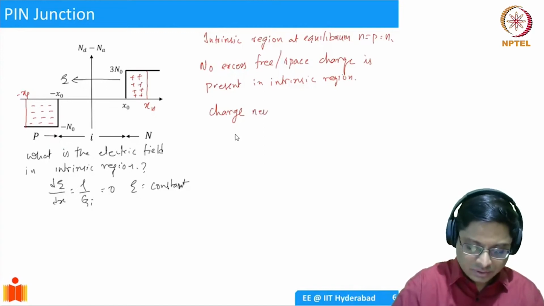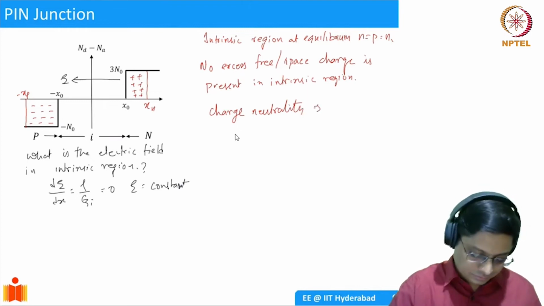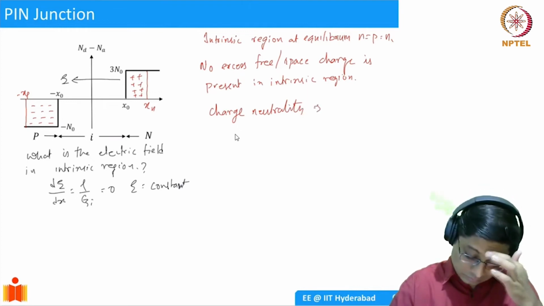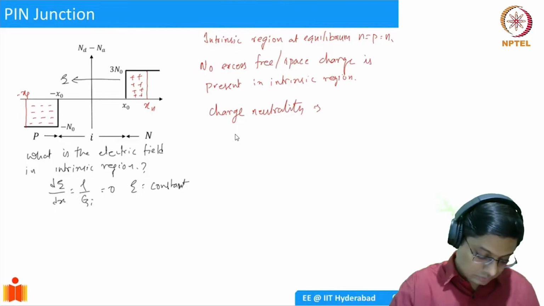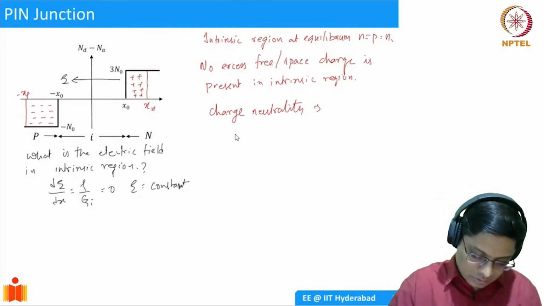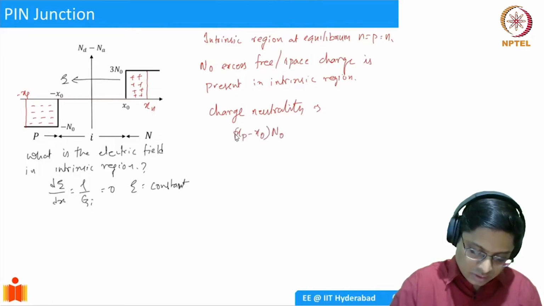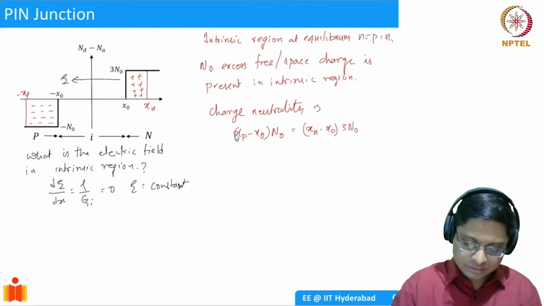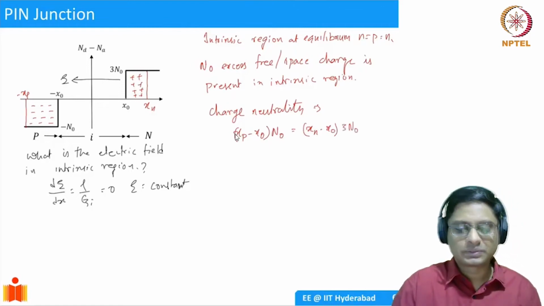So charge neutrality implies, your p-type doping is only n naught. So xp minus x naught into n naught should be equal to xn minus x naught into 3n naught. This should be maintained.